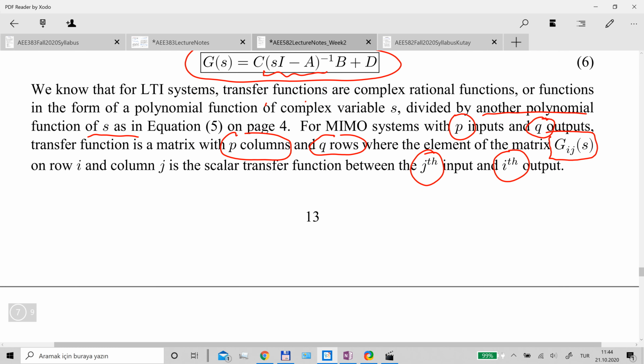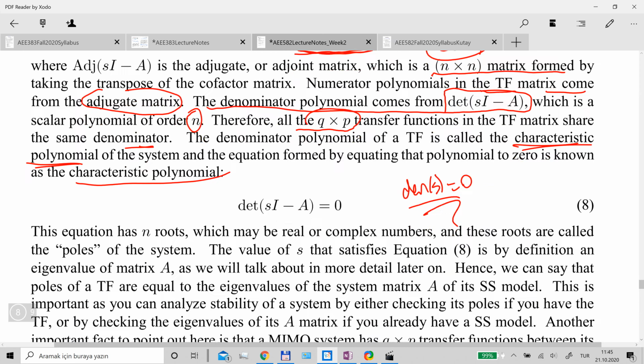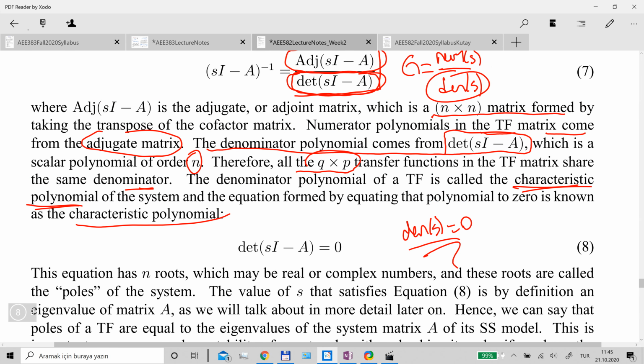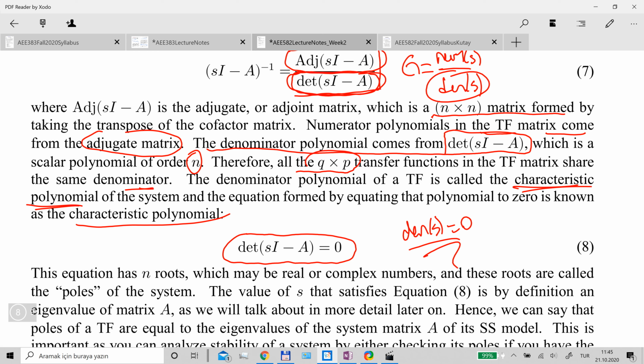the denominator polynomial for the entire transfer function matrix is the determinant of sI minus A, and this is the characteristic equation for the transfer function matrix you obtained from the state space model. The characteristic equation of a system is an nth order polynomial, and we know that an nth order polynomial has n roots, and we call these roots the poles of the system.